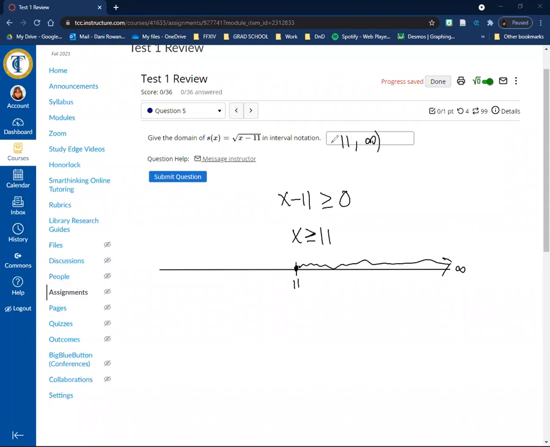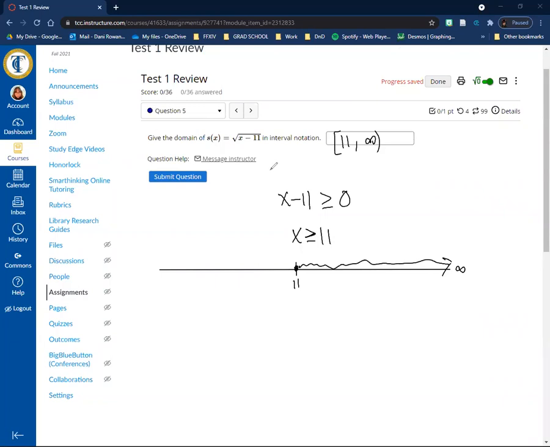You got it. And then just remember, whenever you're dealing with infinity, that's always in parentheses, because otherwise we're putting a number cap on infinity, and that's just not possible. Any other questions on this one? What was the first step to this problem to answer it?